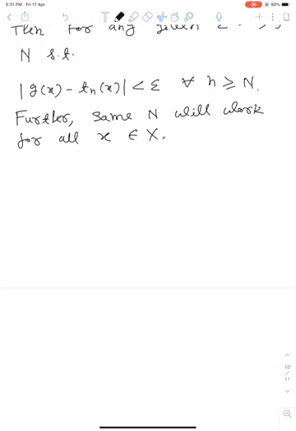So that implies that T_n, that sequence of functions, converges to g uniformly.